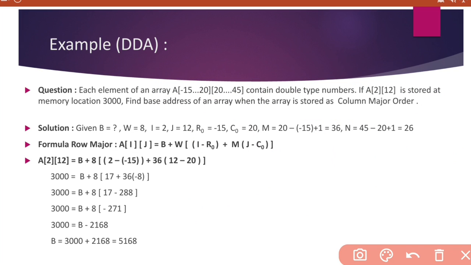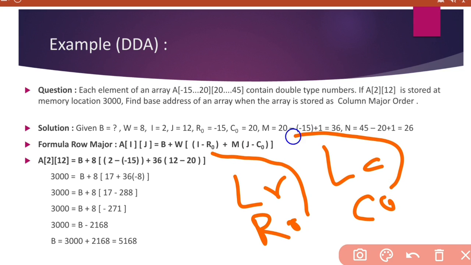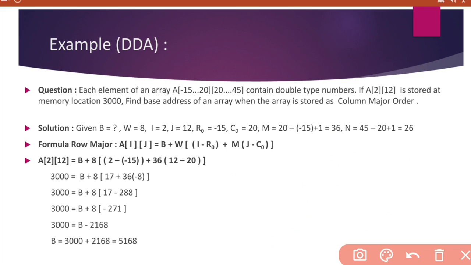In this way, lower row is R0 and lower column is C0. We have our values for this formula. And see, this one is I and J, and we have the address of Aij.